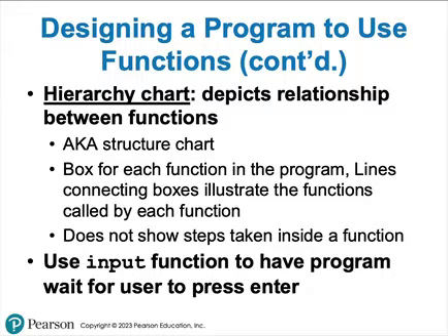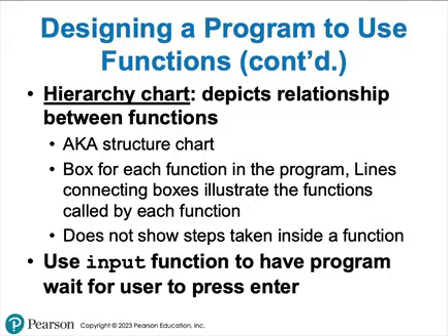We have these things called hierarchy charts, where, just like we would draw a flow chart for the main program that would have a start and an end, we would have a separate section of the diagram that shows where we call the function and where the function ends or returns.